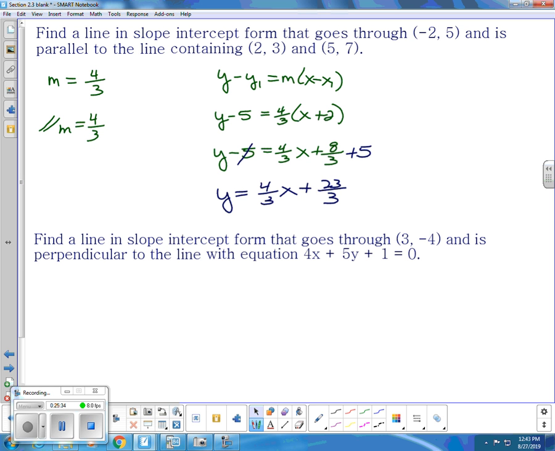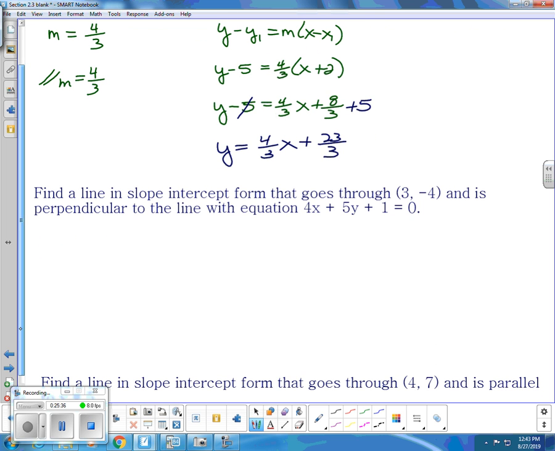All right. Next example says find a line in slope-intercept form that goes through 3, -4, and is perpendicular to this linear equation here. So again, first thing you have to do is figure out what is the slope of what they're giving you. What's our little shortcut?